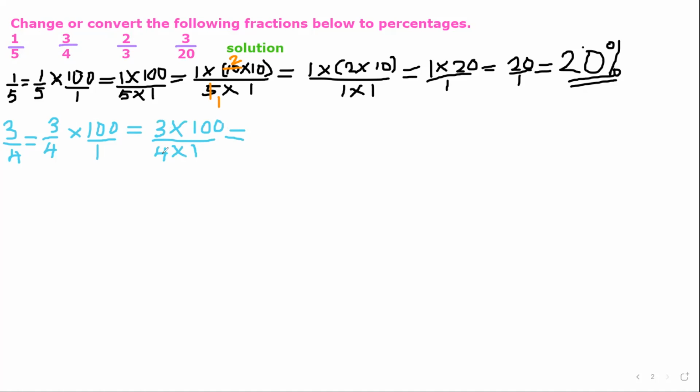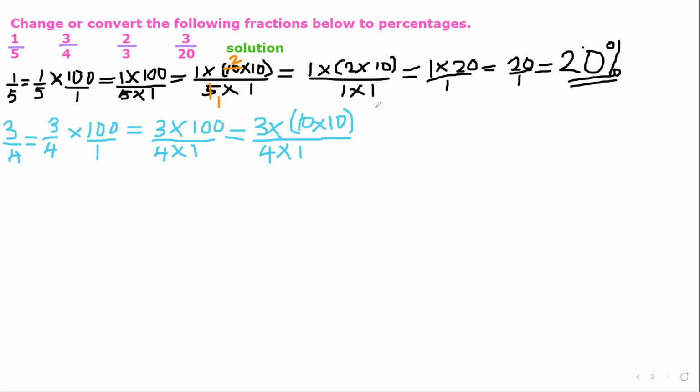So you can start canceling using the 2. So to do that, don't cancel the hundreds; simplify the 100 so that the cancellation will not be tough for you. So now we have the 3 here times the 100. You simplify, you put them in the bracket. 100 can also be written as 10 times 10. Okay, good. Then you close this, all over the 4 times 1.